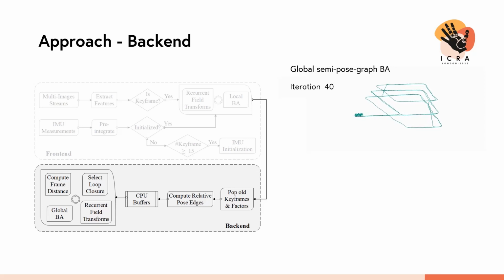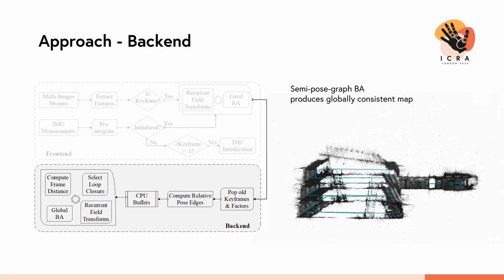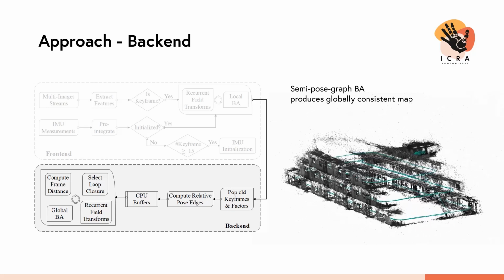This approach we call semi-pose graph bundle adjustment, which is more efficient than full bundle adjustment, while more accurate than pose graph optimization. Note that since we utilize the full field of view of the fisheye image, we are able to close wide baseline loops with just a little overlap. In the end, our system produces a globally consistent map.